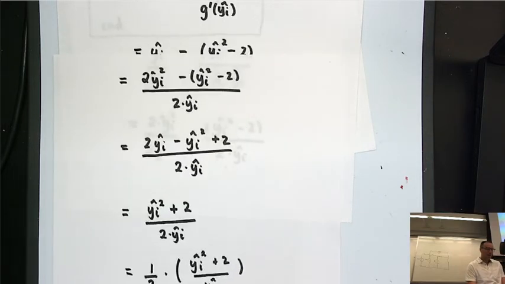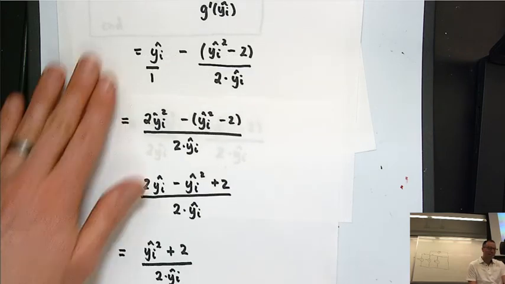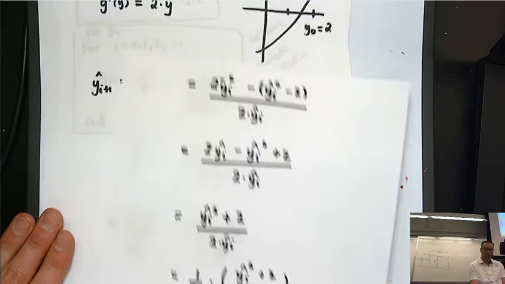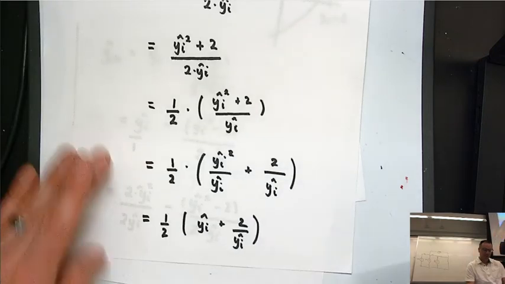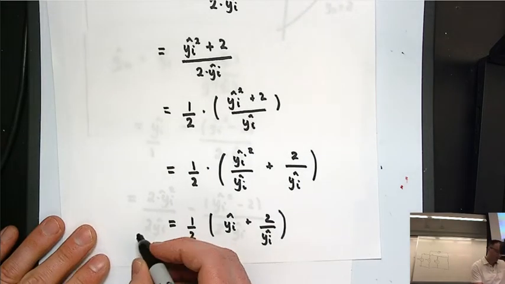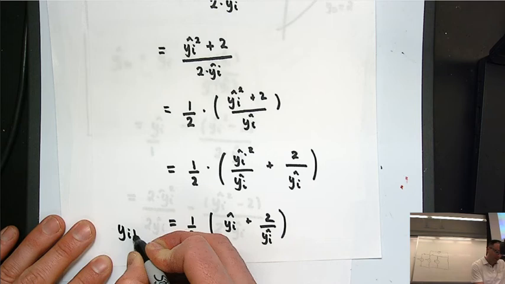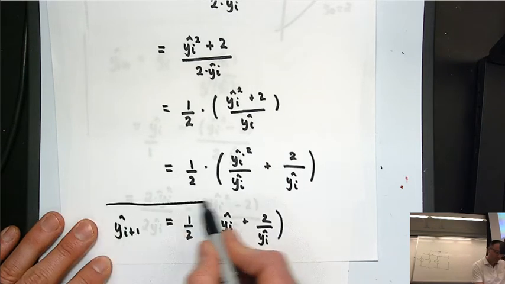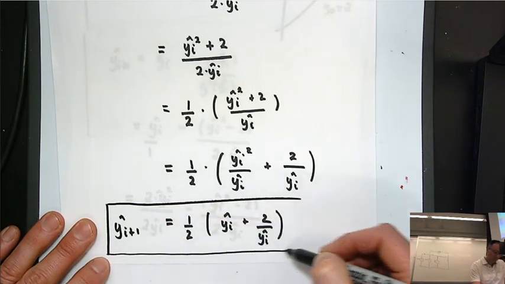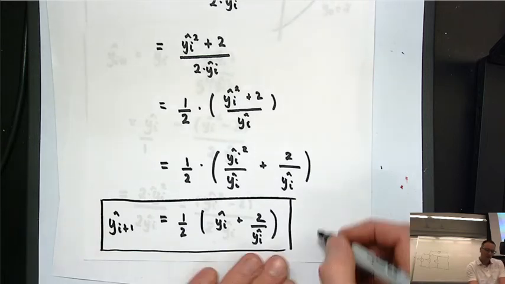Where did the initial guess come from? Well, let's finish this problem first. So this is going to be y sub i plus 1.